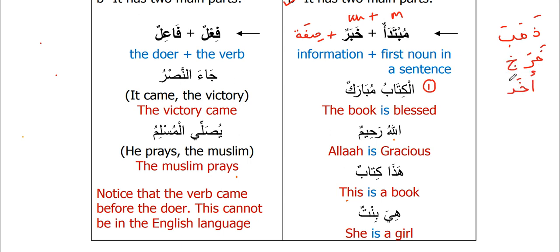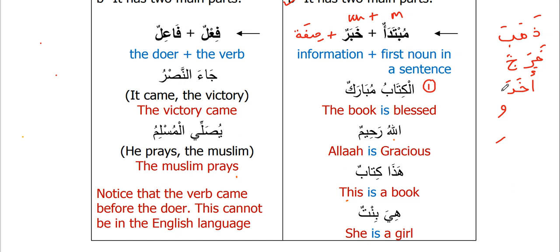And about the noun, you will never see a dhamma or a kasra in a verb. Remember, in any past tense verb you will not see a dhamma or a kasra. The past tense verbs first of all do not change their harakas.